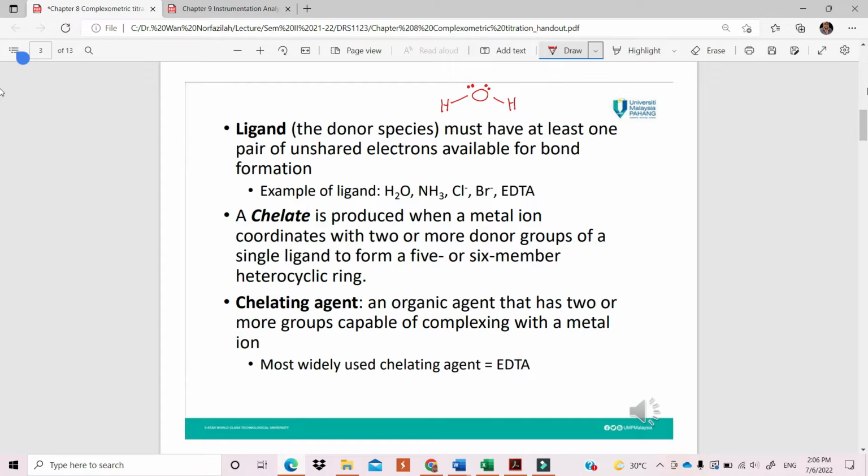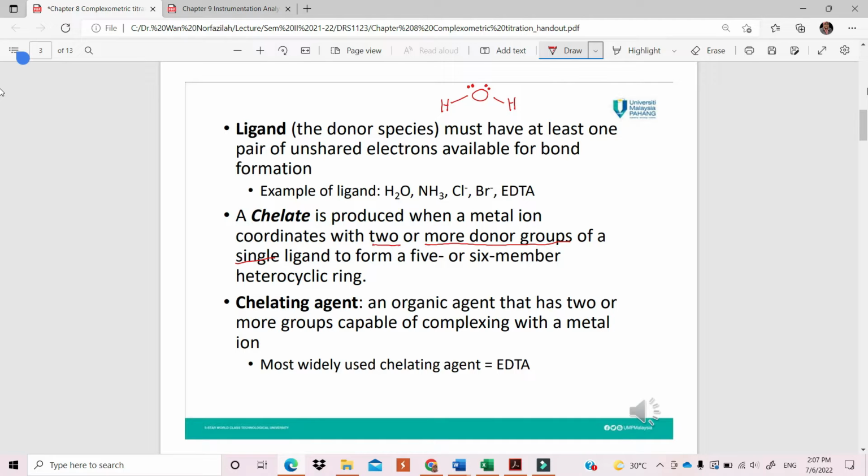Then another term used in complex geometric titration is the chelate. Chelate is produced when a metal ion coordinates with two or more donor groups of a single ligand to form a 5 or 6 member heterocyclic ring. Here you might be confused with the definition.